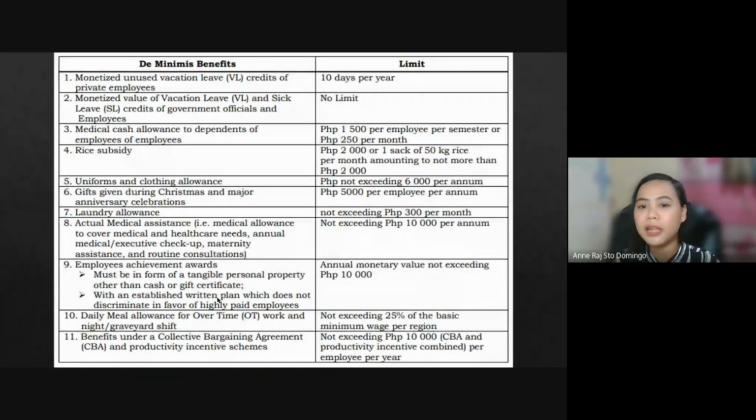So, ang limit lang niya ay 2,000 pesos. Kapag lumampas na ng 2,000 pesos, magiging taxable na yung rice subsidy. So, katumbas din yung 2,000 pesos ng isang sakong bigas na isang kaban, 50 kilograms eh.